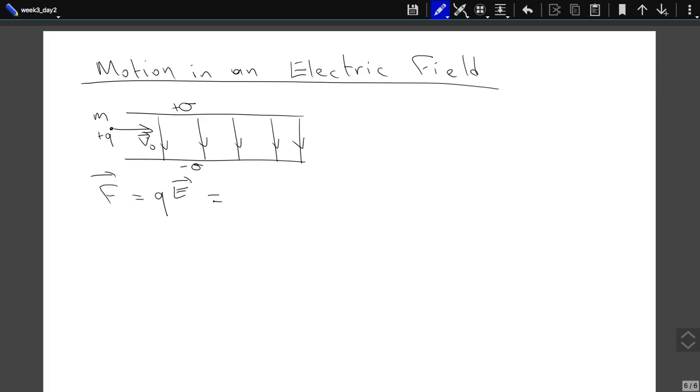The electric field created by these two plates. We can approximate them to be almost infinite. So this is Q times sigma over epsilon 0. If this is the z direction, this is the x direction, the electric field is in the minus z direction.